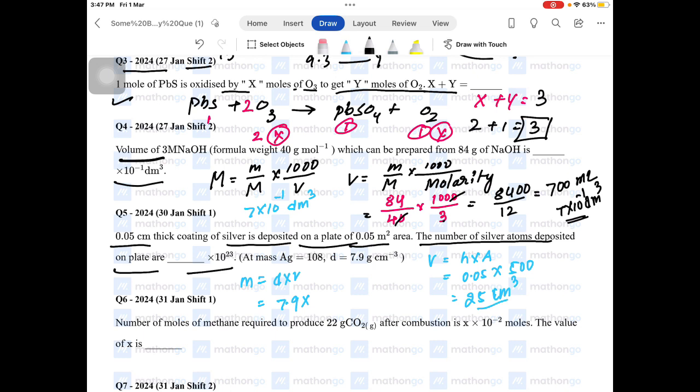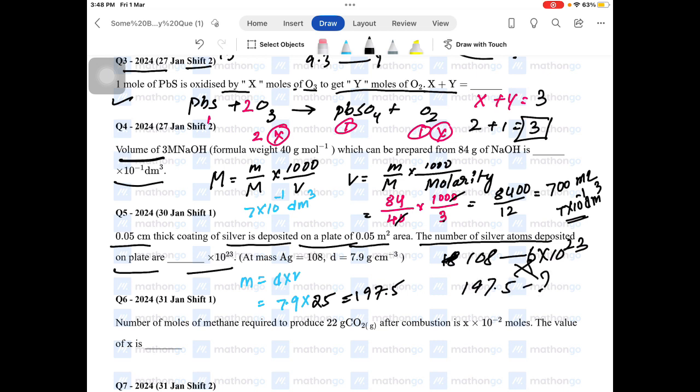So now substitute this: 25 into 10.5. How much will we get? 25 into 10.5 is 262.5. Now mass of silver: atomic mass of silver is 108. 108 grams contains Avogadro number of particles, 6 into 10 to the power of 23. 262.5 contains how much?